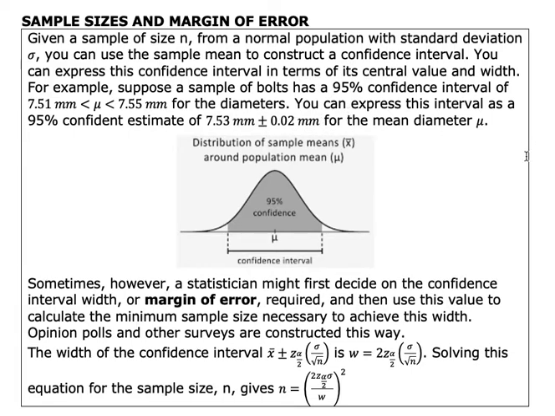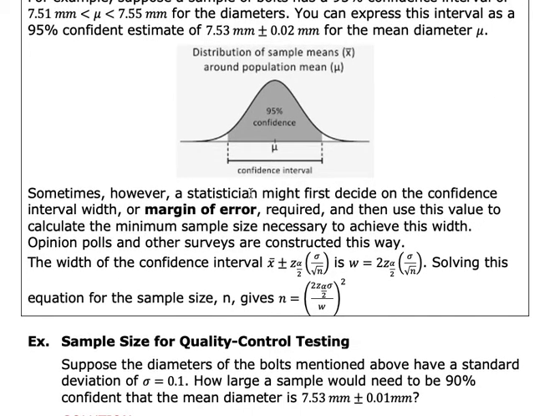Sometimes, however, a statistician might first decide on the confidence interval width or margin of error. So it's the width of that confidence interval required, and then use this value to calculate the minimum sample size necessary to achieve this width. Opinion polls and other surveys are constructed this way.